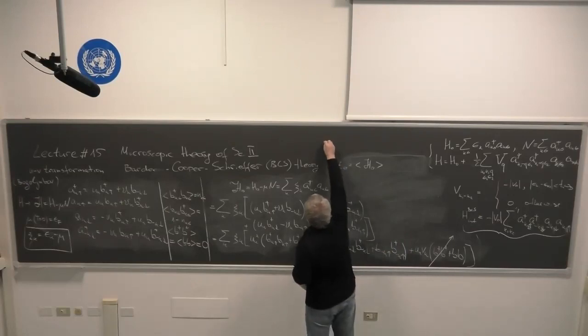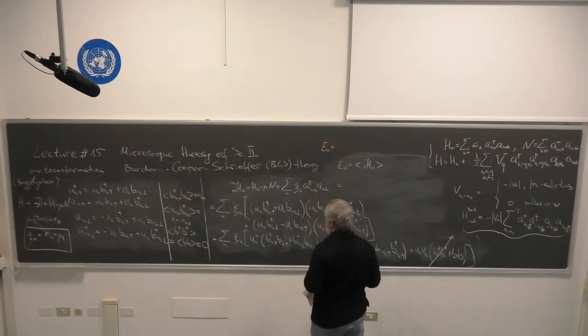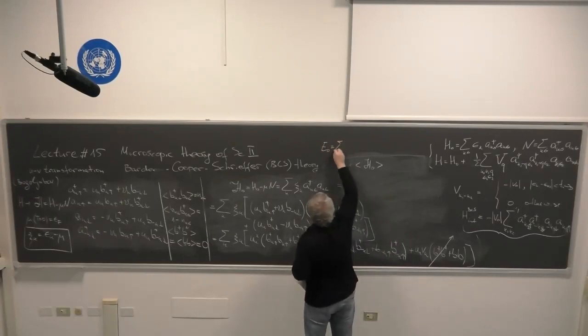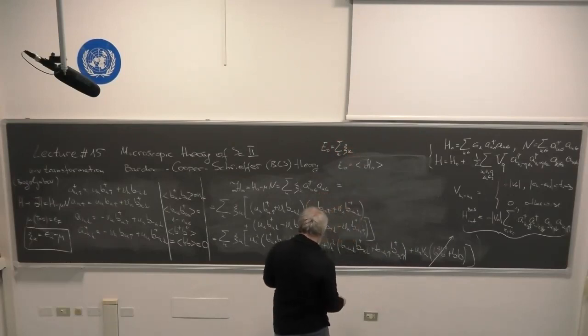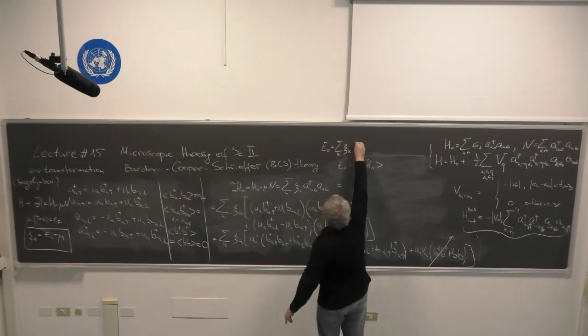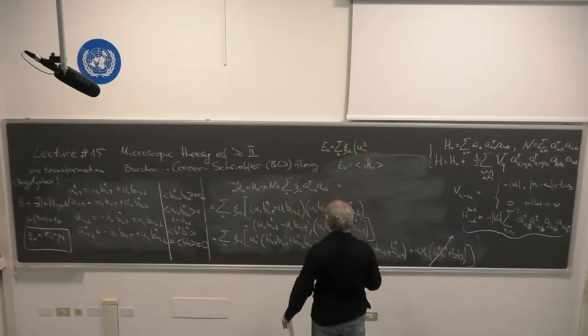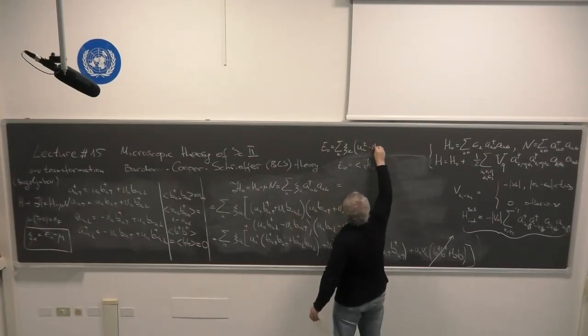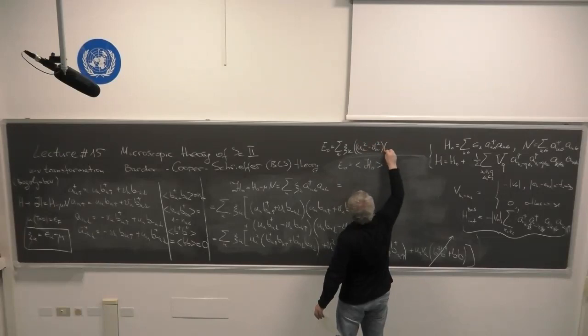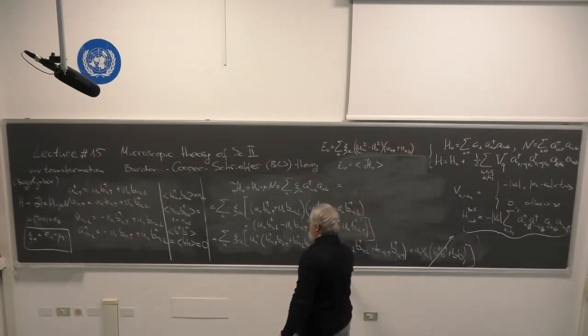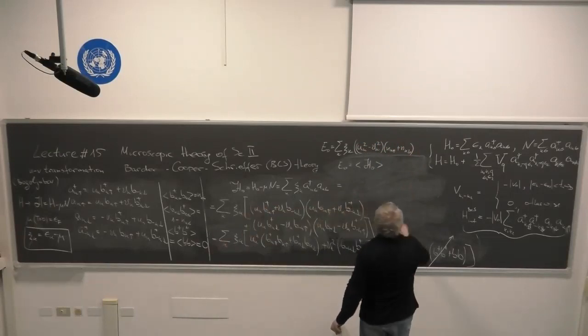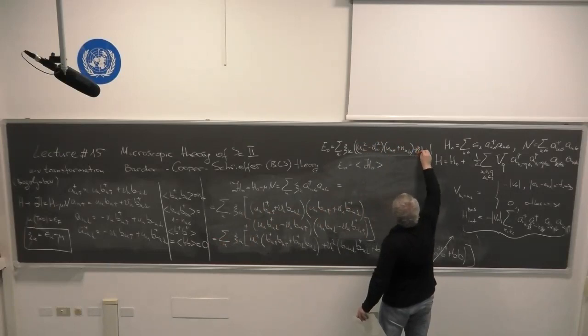So E_0 is then equal to the sum over k of psi_k times (U_k squared minus V_k squared) times (n_k up plus n_k down), plus 2 times V_k squared.